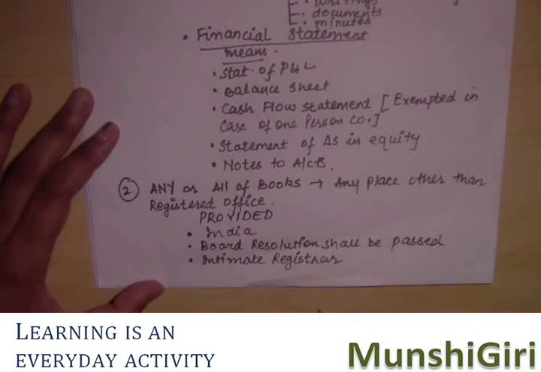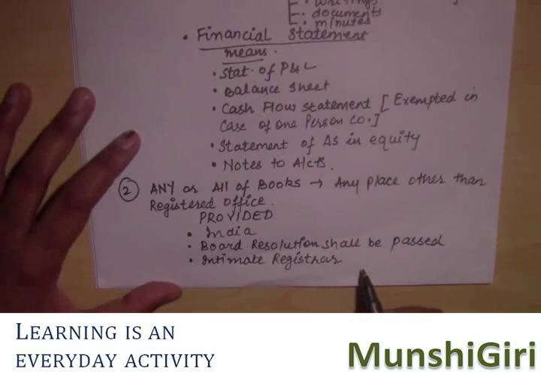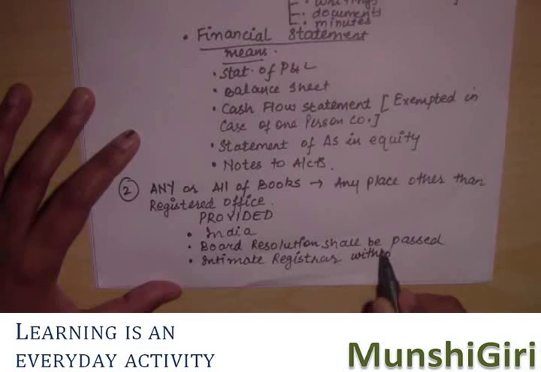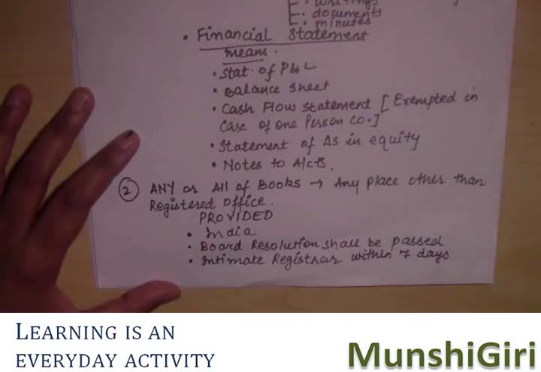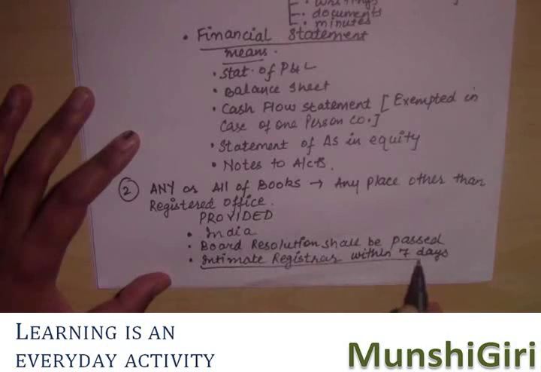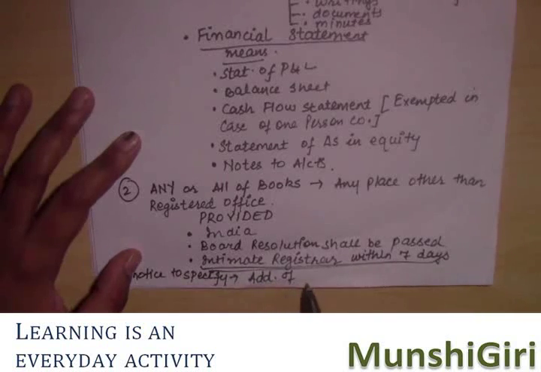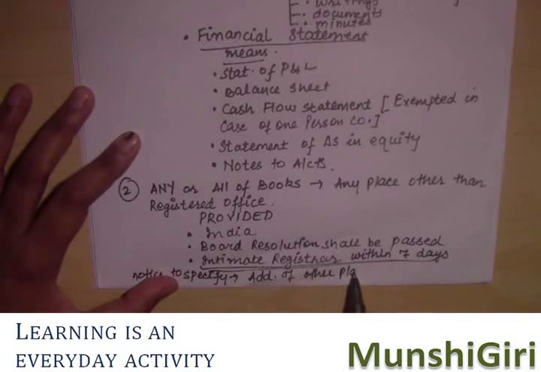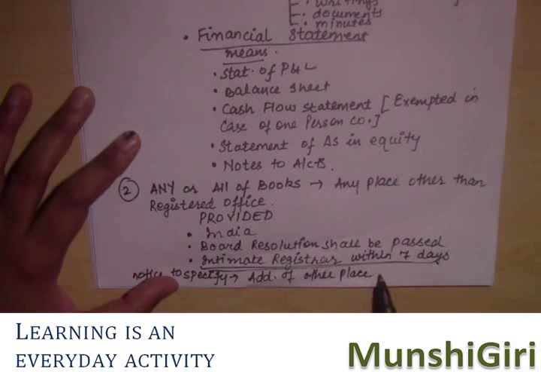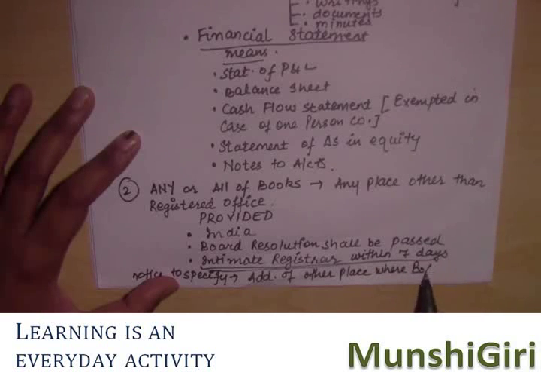The company shall give notice in writing to the registrar within 7 days of passing the board decision. The notice must specify the full address of the other place, other than the registered office, where the books of accounts are kept.